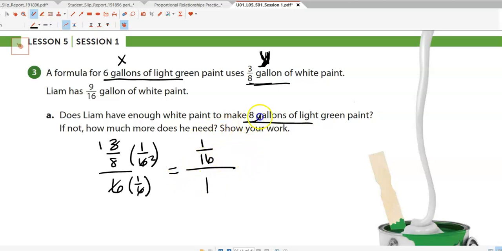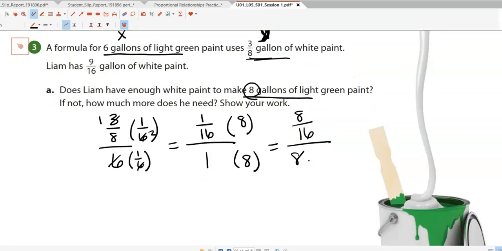We want to know if there's enough for 8 gallons of light green for the 9/16. So if we times 8 here, we have our 8 gallons of light green. What we do on the bottom, we do to the top. So now we have 8 over 16.